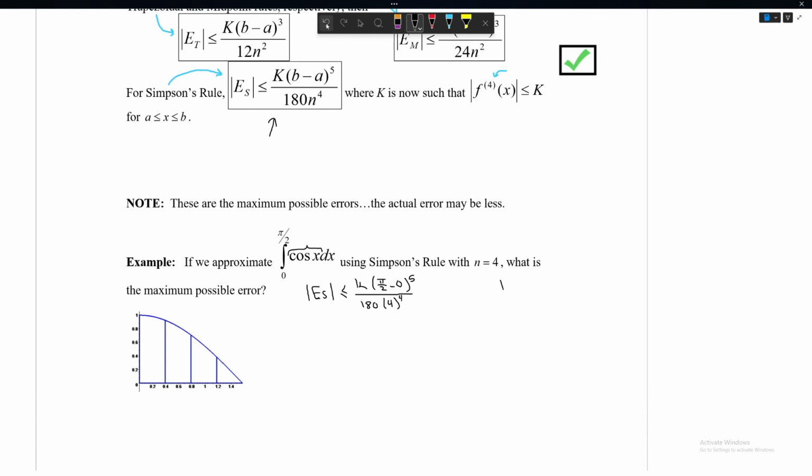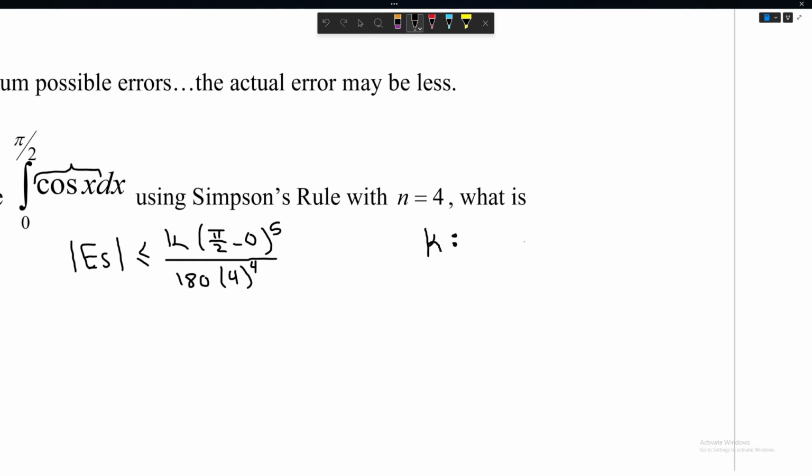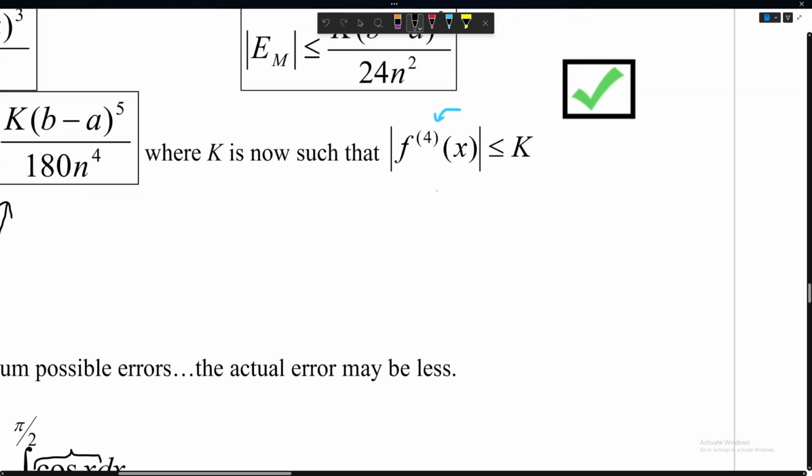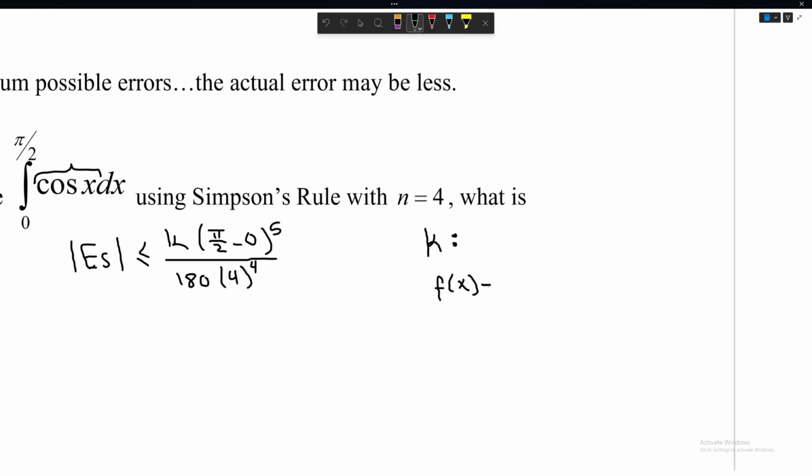That looks horrible. I'm gonna zoom in so I can make my writing look pretty. And so your k is, how do you do it? Since we said up here k is your fourth derivative, let's get my fourth derivative. My initial function is cos x. Now my first derivative is, I believe, negative sin.